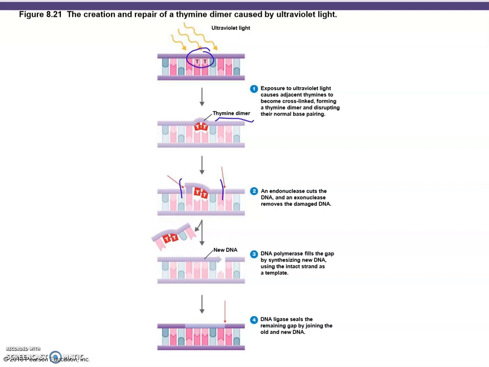There are some people that don't have them. There's a genetic disease called xeroderma pigmentosum. These people lack the mechanism to fix these thymine dimers that are due to UV radiation. Those people will have to live in the dark for the rest of their lives.